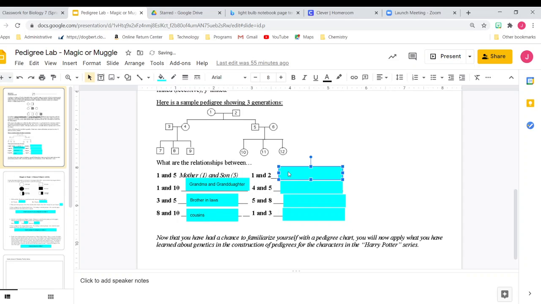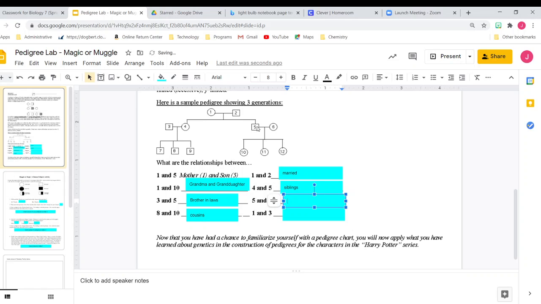And then 1 and 2, of course they are married. So husband and wife. 4 and 5 would be siblings because their parents are 1 and 2. Okay. And then 5 and 8, that would be an uncle and a nephew.